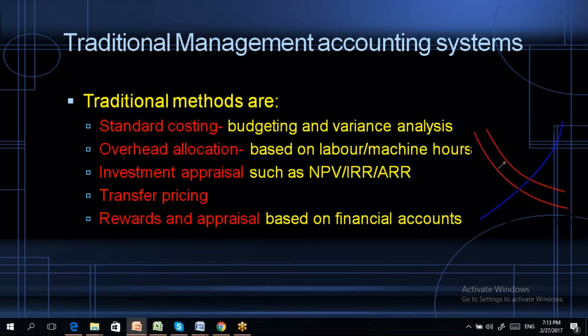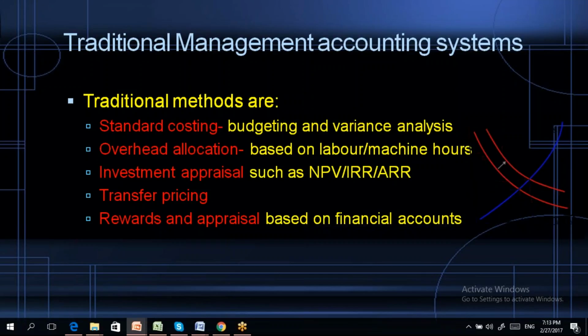Standard costing is no longer a technique we use as much. Not that we don't use it, but it's going out of style. You know why? Because with standard costing, we had a standard and we were set to achieve it.